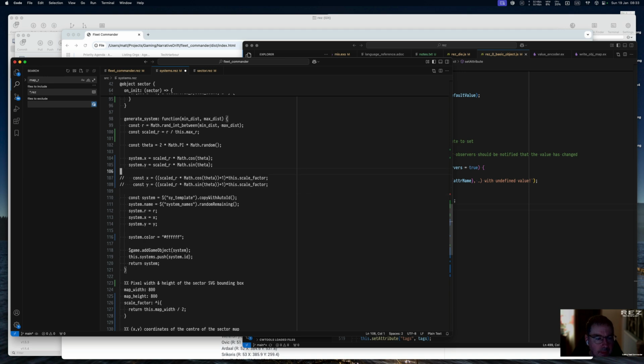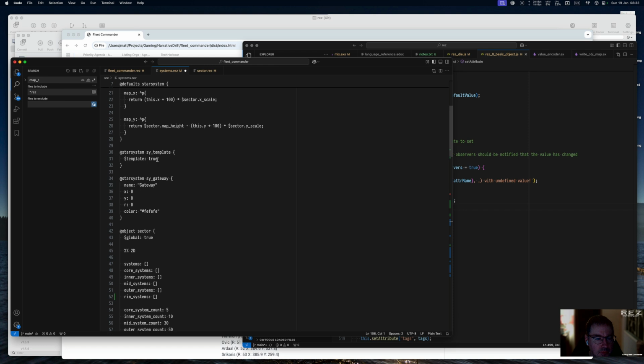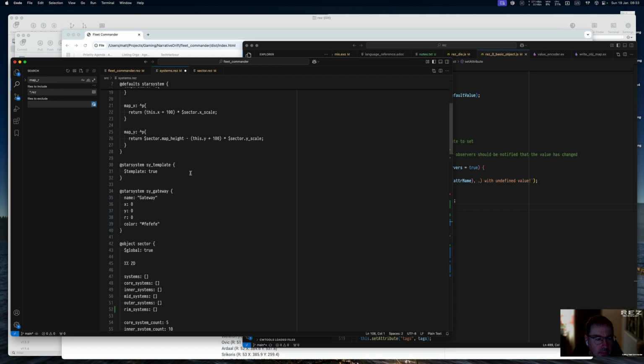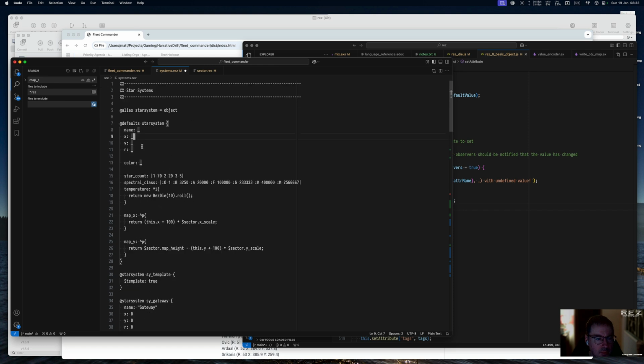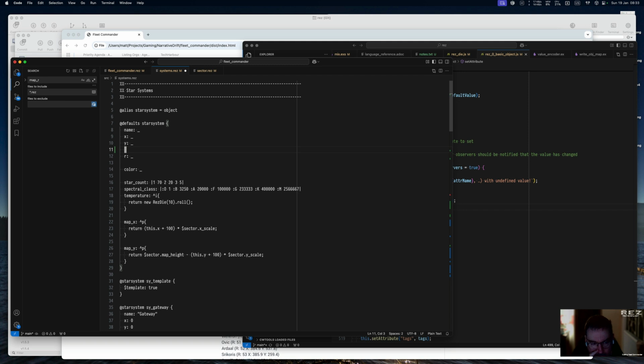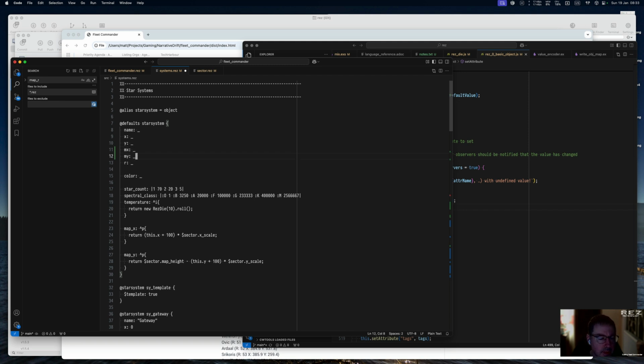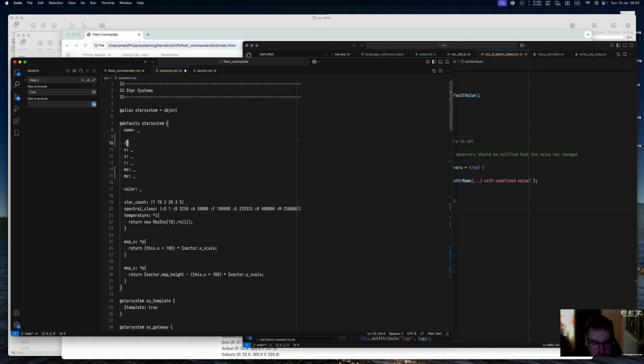right. So we introduce system dot... where are we? So we've got x and y. What we're going to have is mx and my. So this is the sector x position, going from -1 to +1.